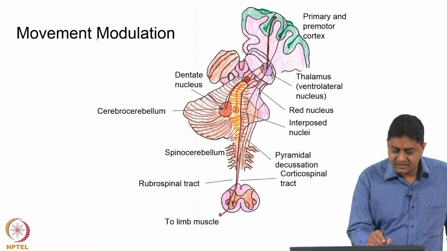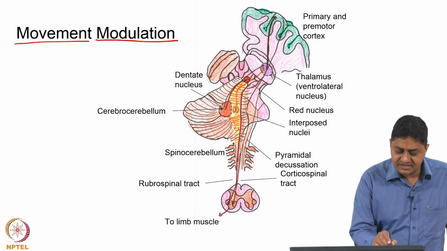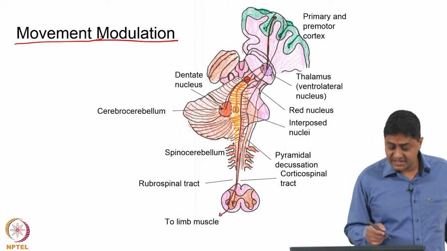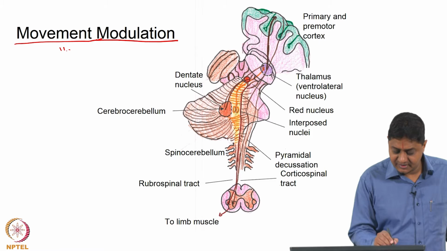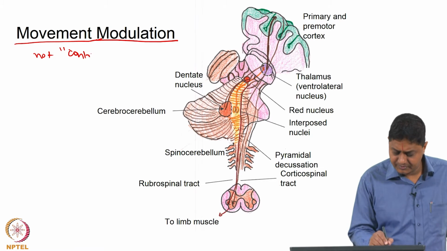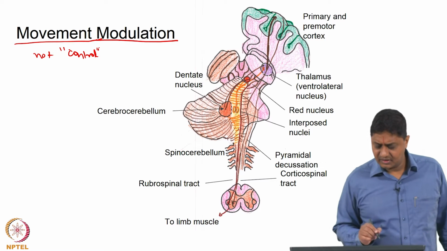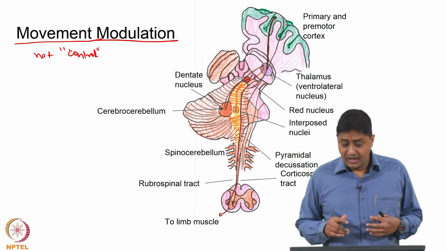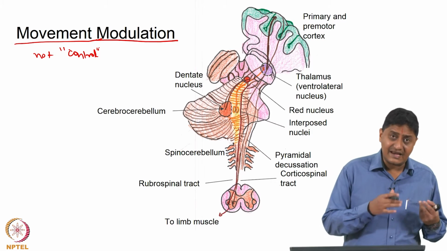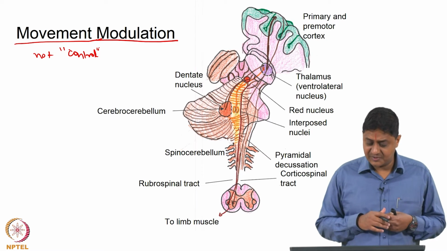We say that the cerebellum modulates movement, or performs initiation and modulation, but not control per se, but rather modulation. This is because it does not directly project to the spinal cord.